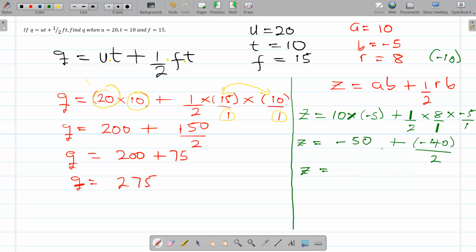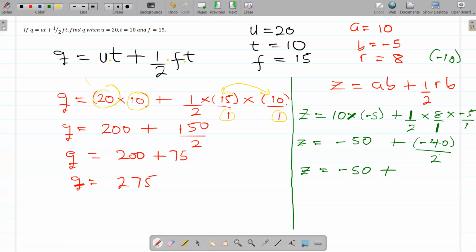Okay, watch here. So this is negative 50 plus negative 40, right? What you need to do is to finish with the one with the bracket, with the division, so you need to solve that first. So 2 will go into 40 how many times? It's 20.